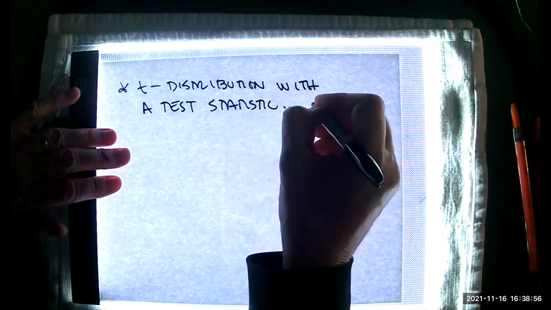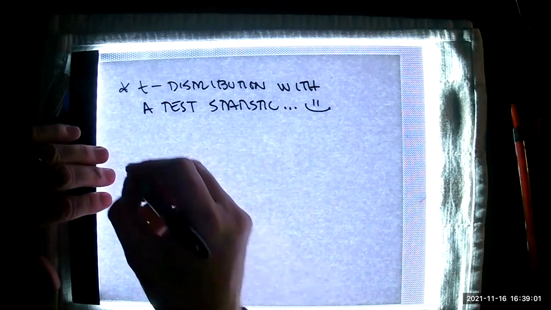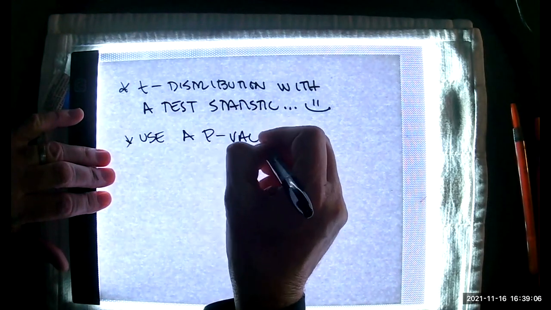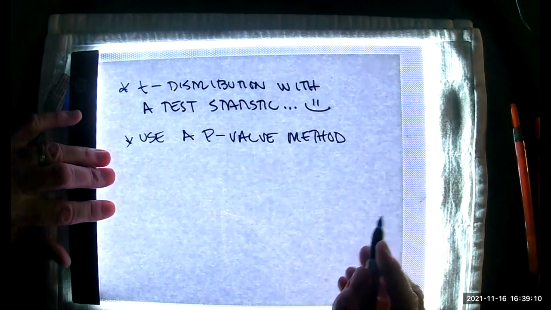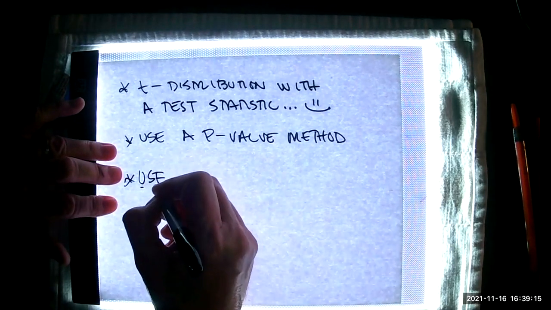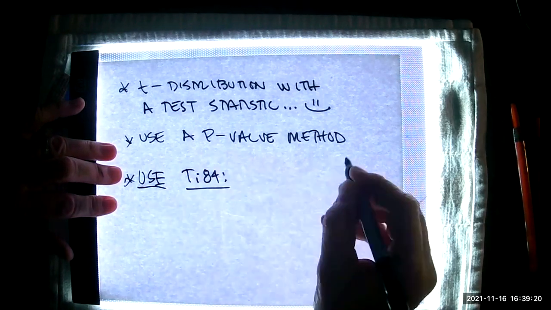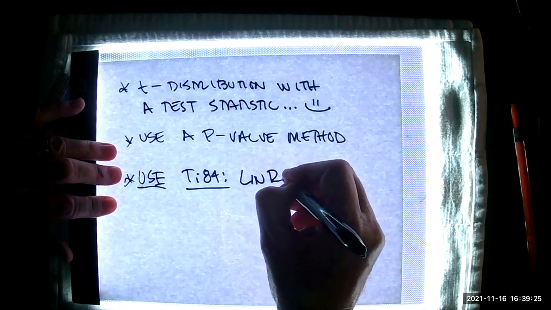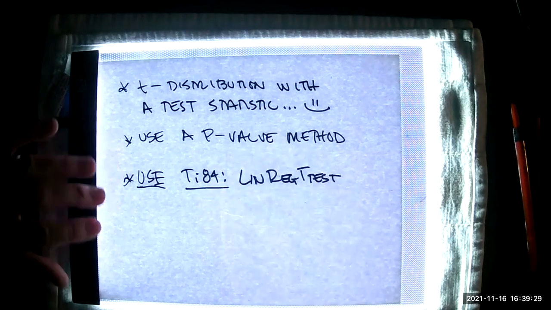I will not even bother to give you the test statistic, because we're going to use a p-value approach. On your calculator, the TI-84, you're going to use, and I'll show you this in just a moment, something called LinRegTTest.